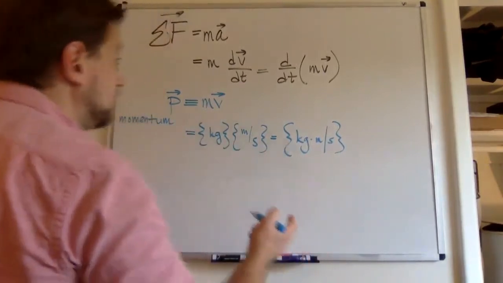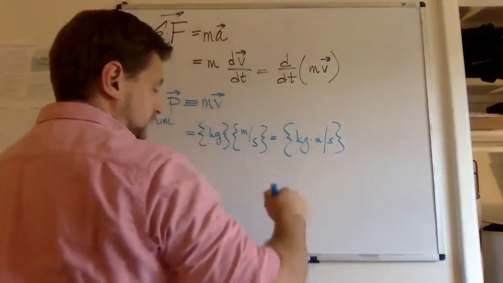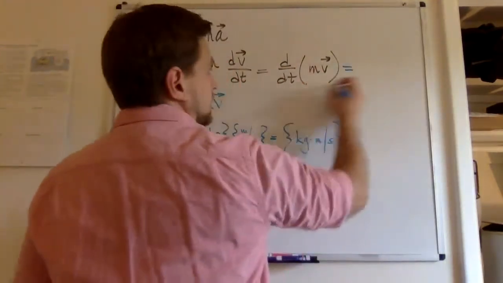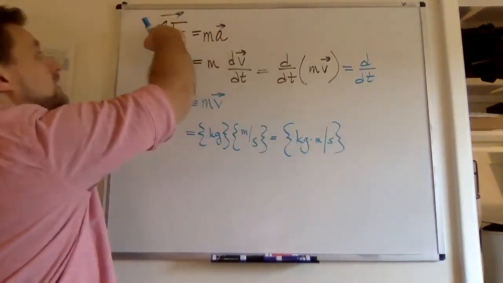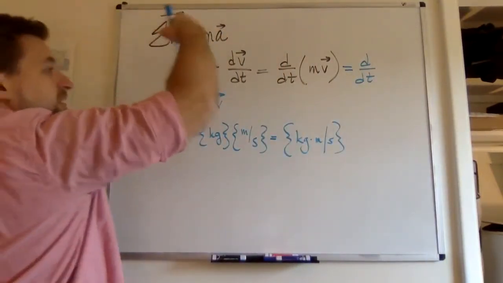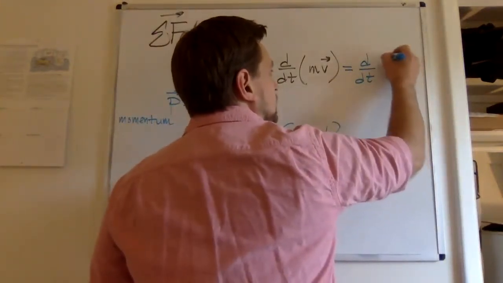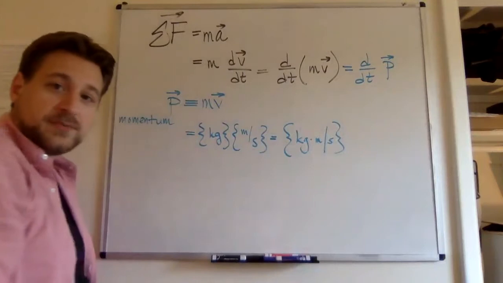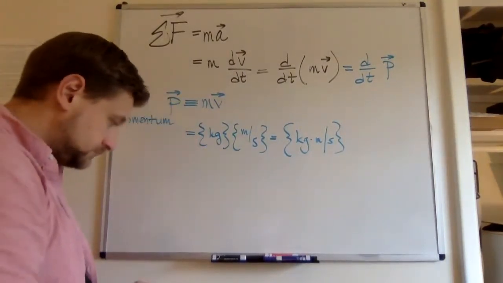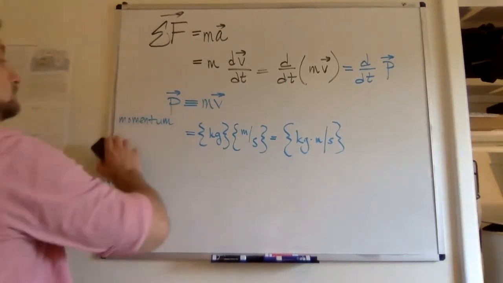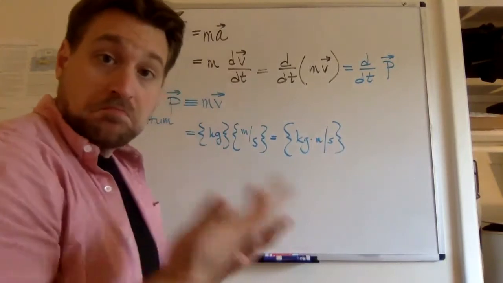And it is vector calculus because if we rewrite Newton's second law this way with our new definition, we're saying that the sum of the forces acting on some object is the time rate of change of the momentum of that object. Cool.